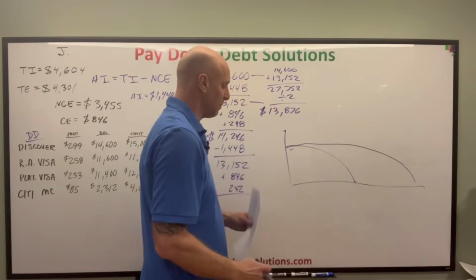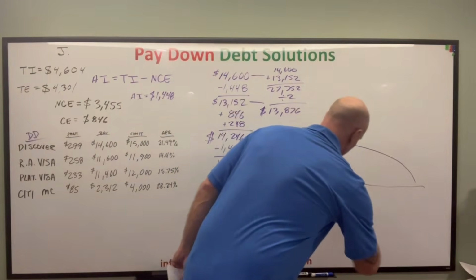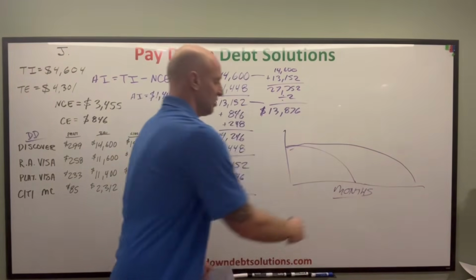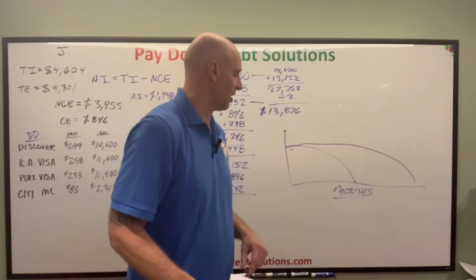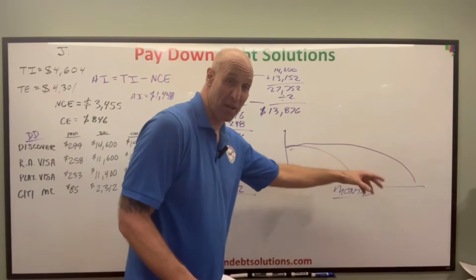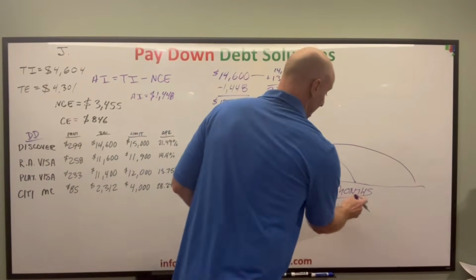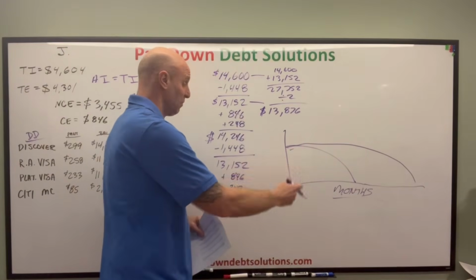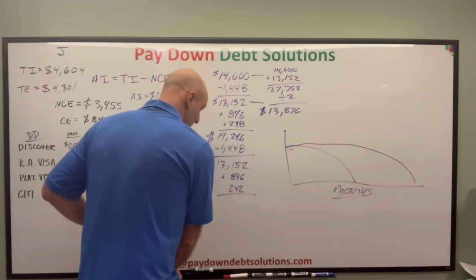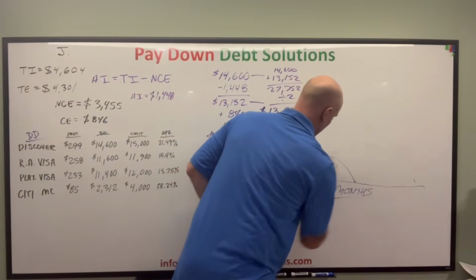Nope. Nice sharp curve. Remember, these are months. Months are years. Time's always your x-axis. So you're drastically cutting off time. If you switch this to interest over months, you can see how much more money you're saving. This shows you how much time you're saving, how much faster you pay down your debt. Make this line interest instead of balance, and you'll see how much more money you're saving over time.